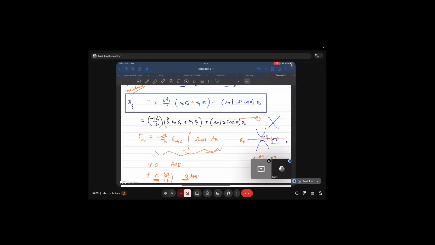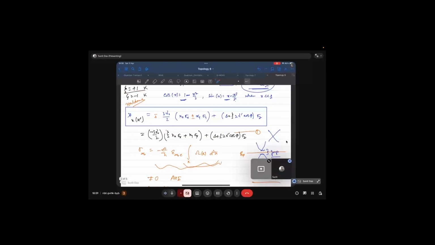So this was for k and k prime values. For k value, in front of kx you had a negative sign. So for k value, we are saying that xi equals plus 1, so you have a negative sign overall. For k prime value, you had a plus sign in front of kx.